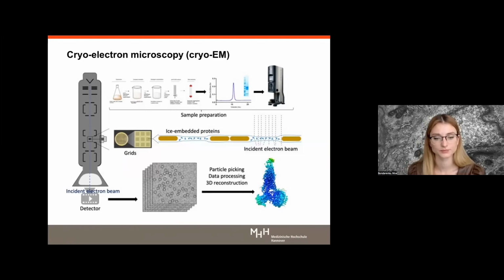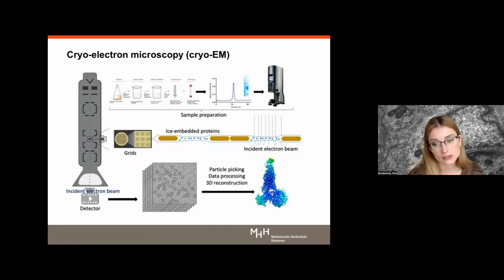Next, cryo-electron microscopy. What is this? Cryo-electron microscopy, a method awarded the Nobel Prize, as I told, in 2017, is a specialized form of electron microscopy where samples are frozen in a non-crystalline form of ice termed vitreous ice, which allows images of the sample to be captured in its native state.